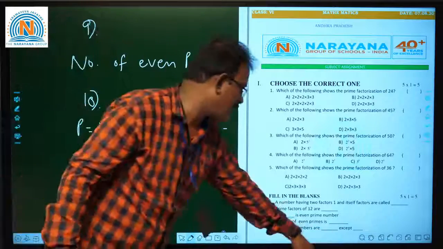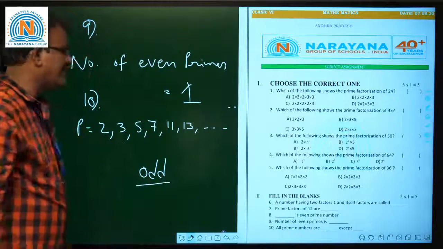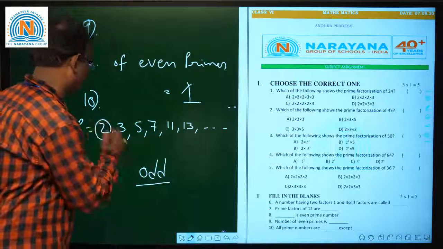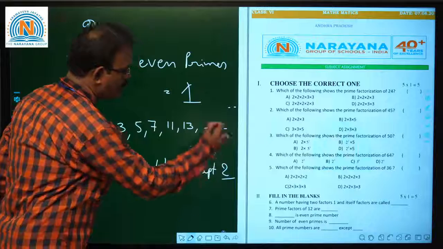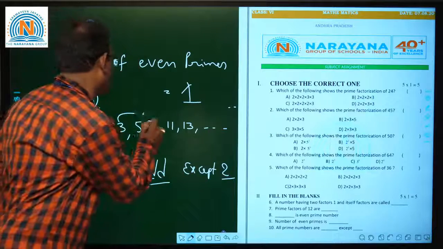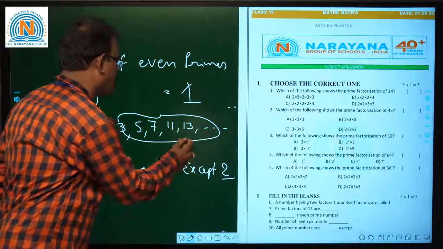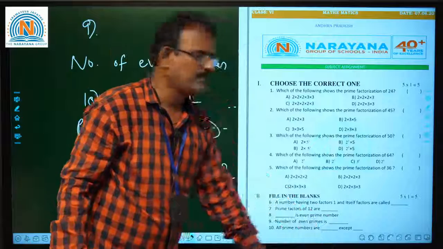This is the answer for the first blank in the 10th question. All the prime numbers are odd except 2, because 2 is the even prime. So except 2, the remaining are all odd primes only. So all prime numbers are odd except 2.